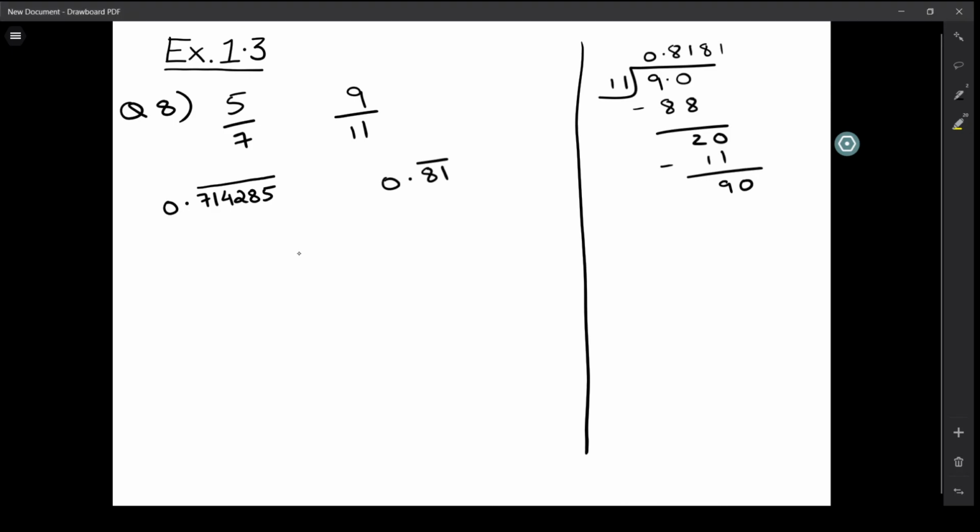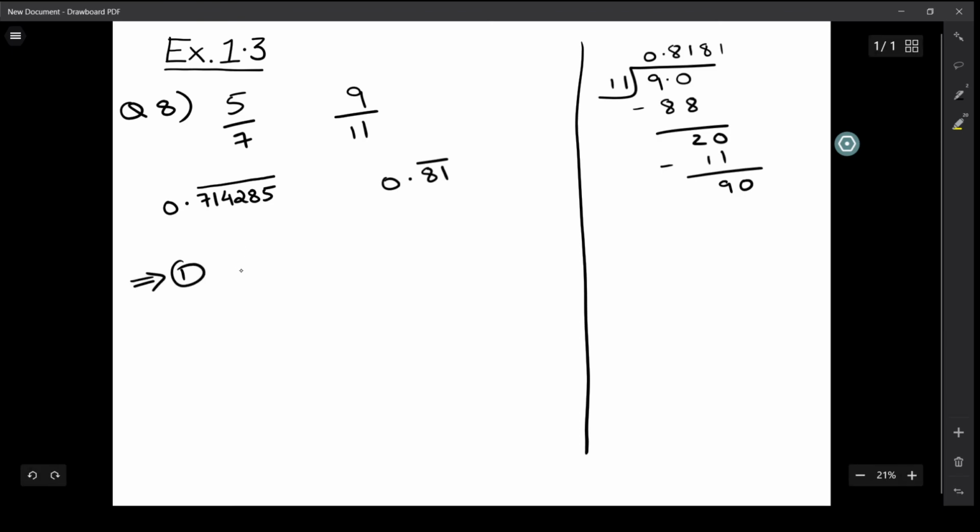The question is asking us to find 3 different irrational numbers between these numbers, and it's really simple from here on. We know that one of the properties of irrational numbers is that they have a non-terminating and a non-recurring sequence. And it's easy to find that between these two numbers, right?